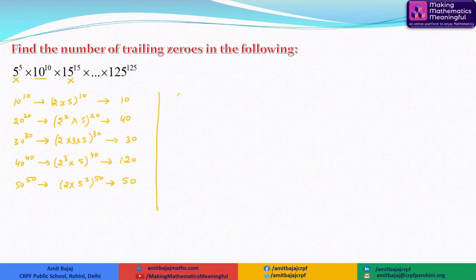Further with 60 raised to the power 60, which is 2 square into 15 power 60. So 2 power 120, that will contribute to 120 zeros. 70 raised to the power 70, 2 into 35 power 70, clearly it will contribute for 70 zeros.